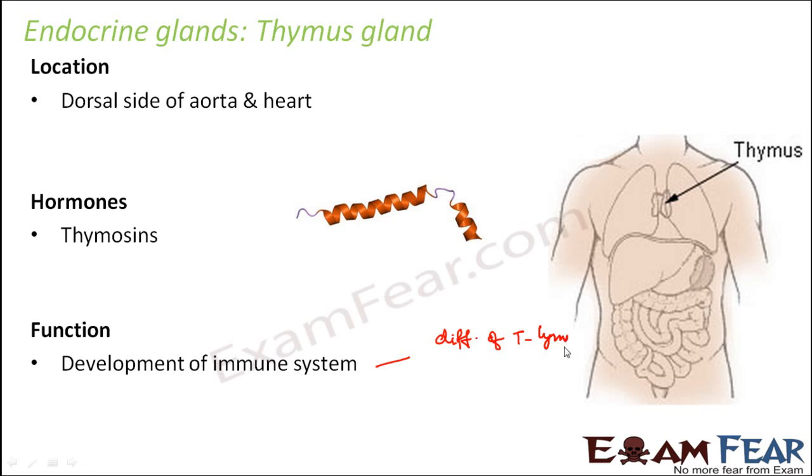We have discussed what T lymphocytes are and what they do in our previous lessons, so I'll not get into those details. The other way is that it also promotes the production of antibodies. Antibodies also we have discussed, right? Antigen, antibodies, all these we have discussed. Anyways, what are they?